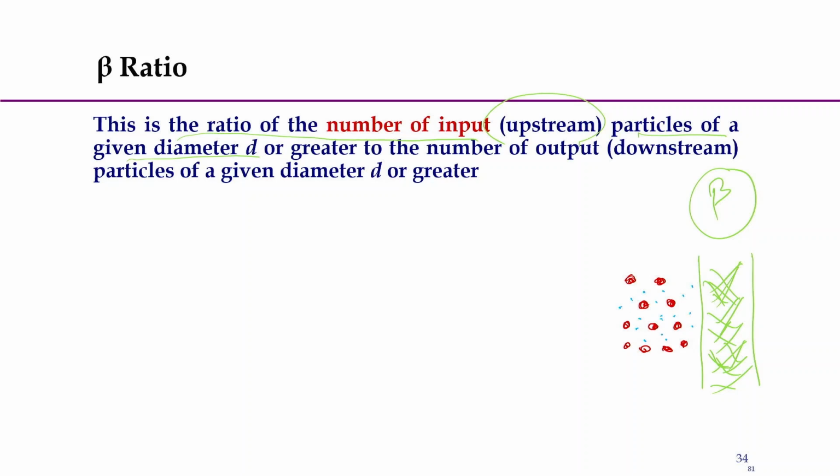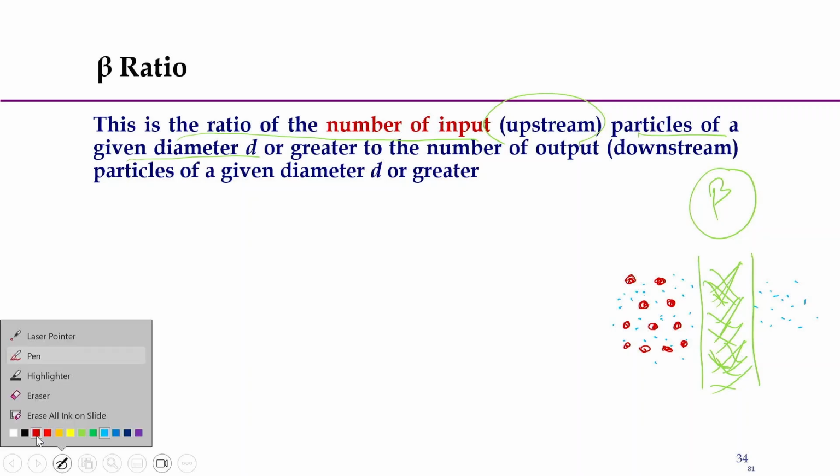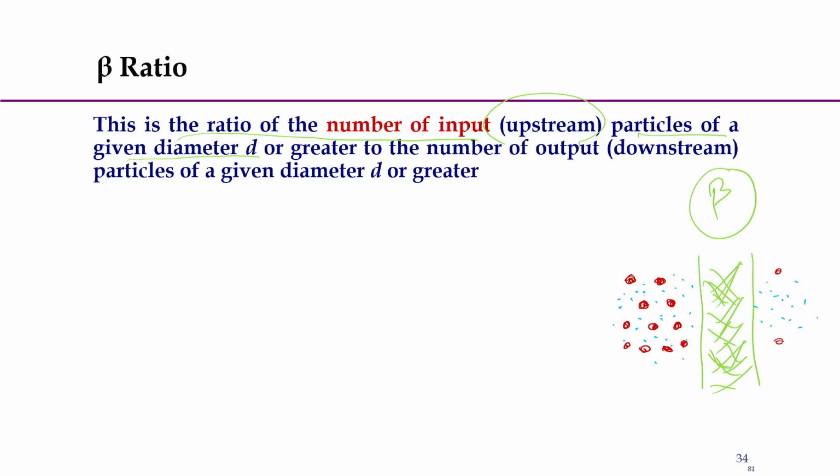Let us consider only two particles are there, 1 micron and 10 micron. Now, when it is going out, 1 micron and 10 micron particles have also come out. Now, the number of input particles of a given diameter or greater, and the number of downstream particles.